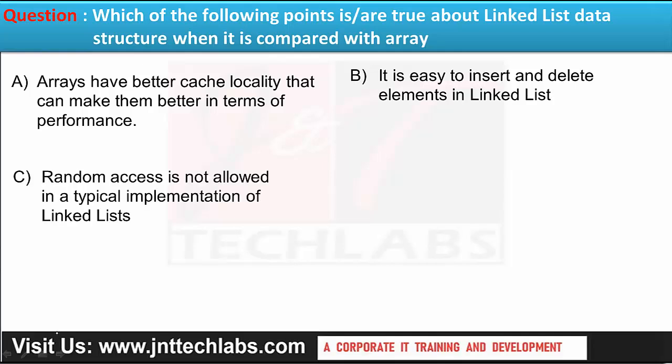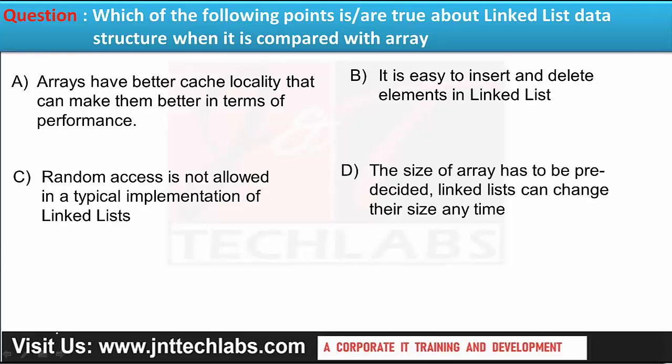And coming, random access is not allowed in a typical implementation of a linked list, right? And one more thing: the size of an array has to be predefined. Linked list cannot change their size anytime. Size of the array has to be predefined. Linked list can change their size anytime.